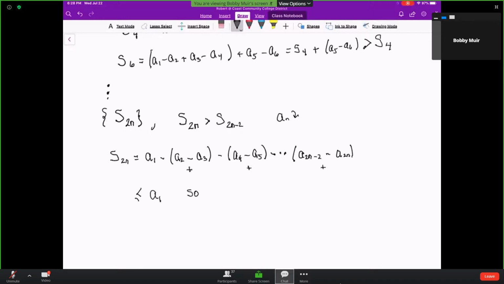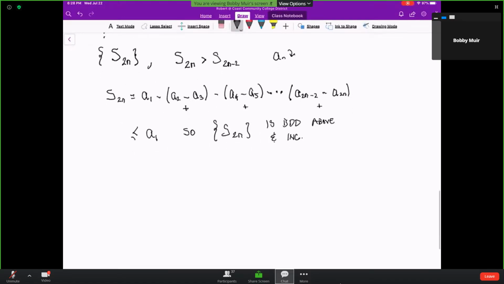So the conclusion is this sequence is bounded above and increasing. So there exists an S such that the limit as n goes to infinity of S sub 2n is equal to S.